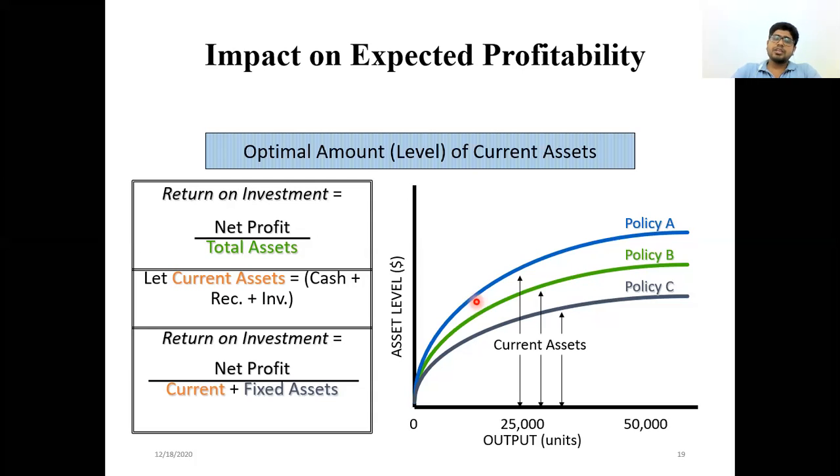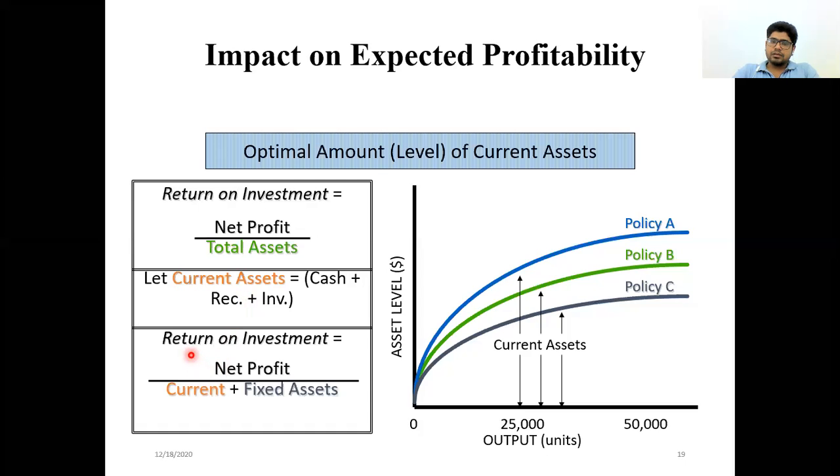Simply, the equation is net profit divided by total assets. We know the current assets are part of total investment. Current assets include cash, receivables, inventories, etc.